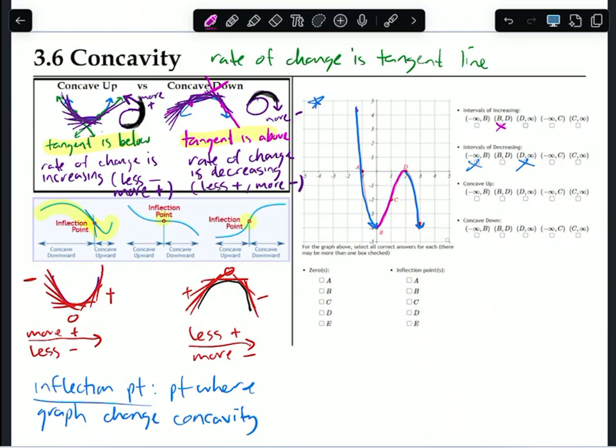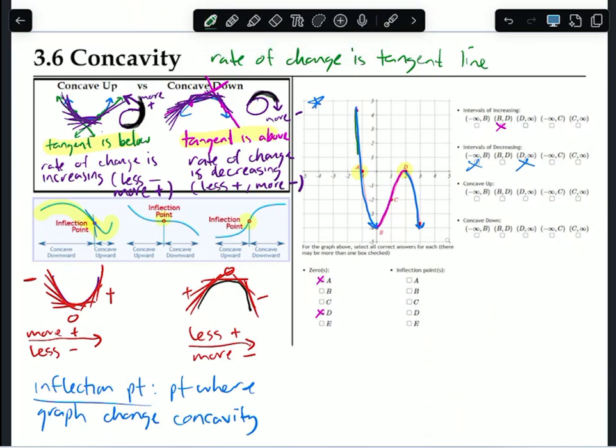We can see where the graph intersects the x-axis. Those are the zeros. So at A and D, we have intersection points or zeros. Now it's asking us to determine where this graph is concave up and concave down.